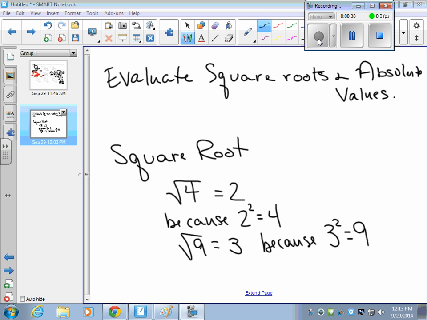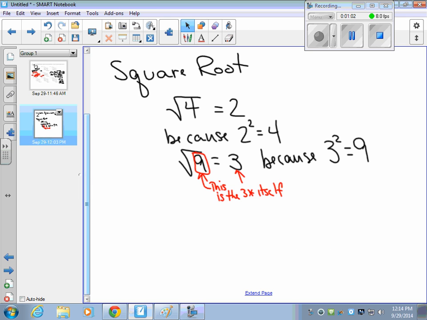And so the number on the inside of the square root symbol is what happens when I multiply the number next to the equals by itself. So that's probably the best way I can explain that in words.